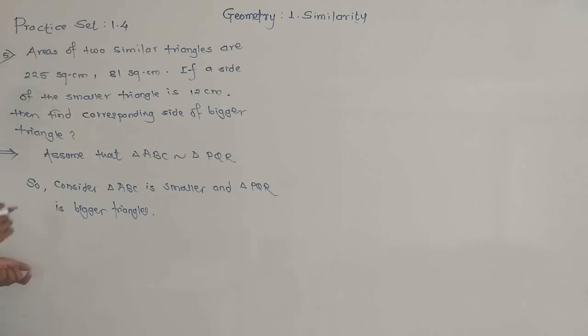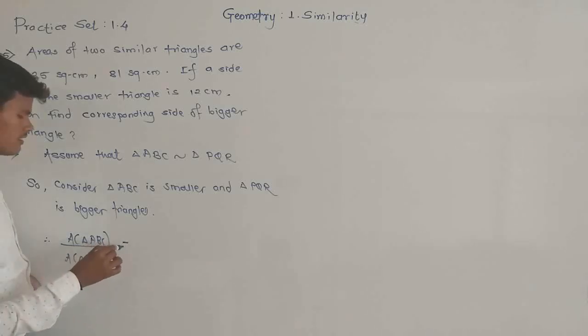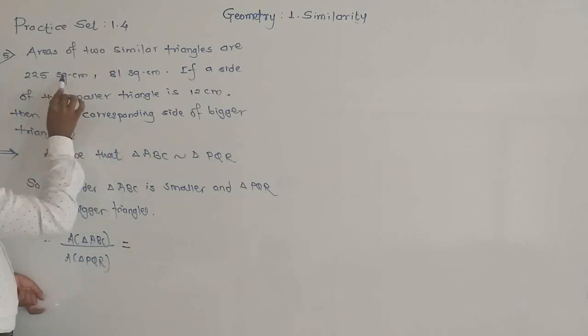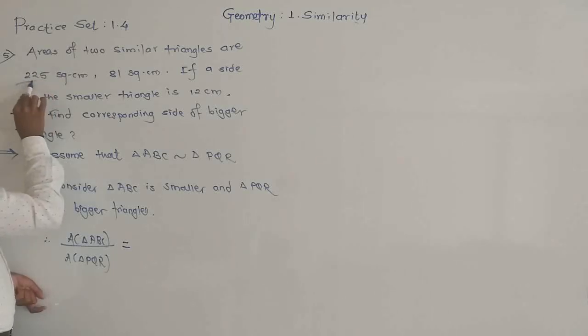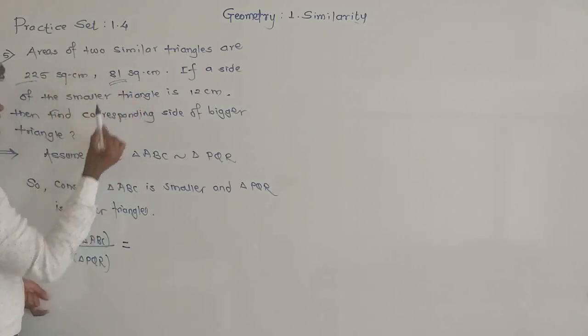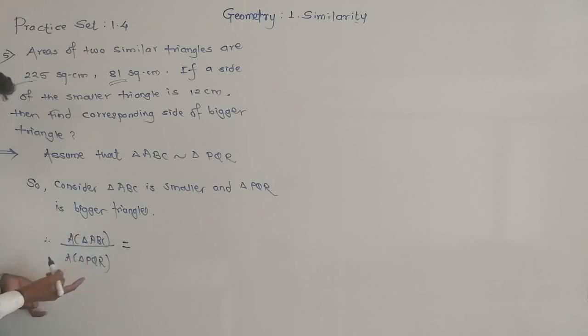Now, given the areas of both similar triangles, take the ratio of areas of the triangles. So area of triangle ABC to area of triangle PQR, where triangle ABC is the smaller triangle and triangle PQR is the bigger triangle. Here the area of the bigger triangle is 225 square centimeter, and the area of the smaller triangle is 81 square centimeter.